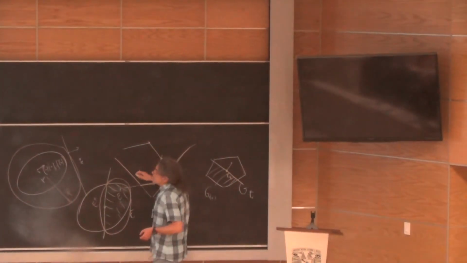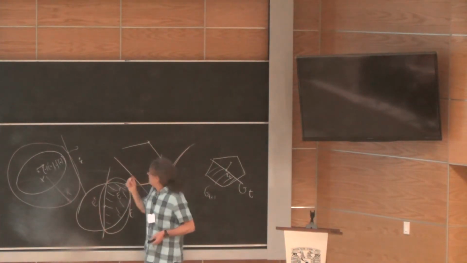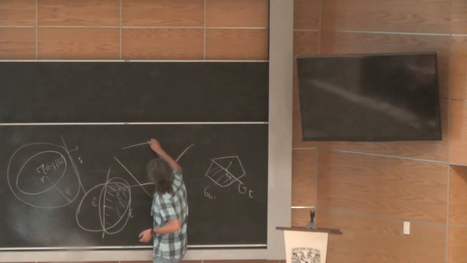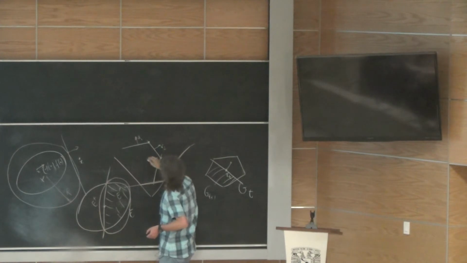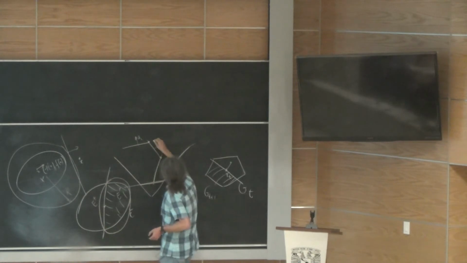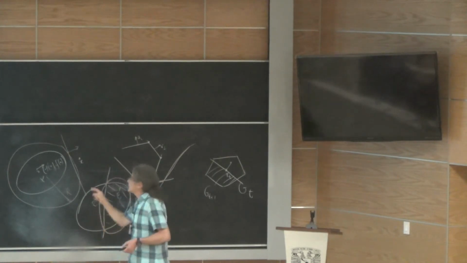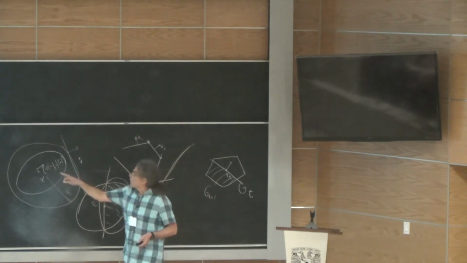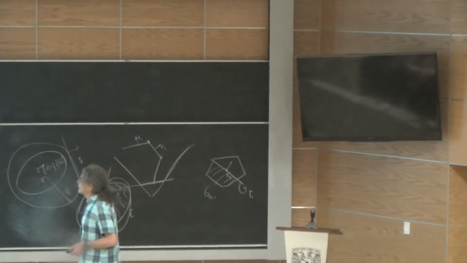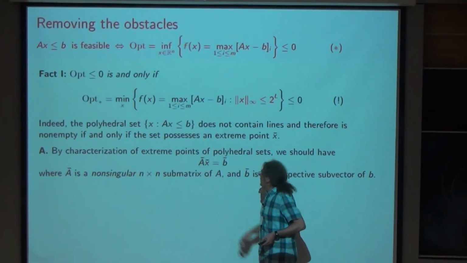The characterization of extreme points of a polyhedral set is that, say we have linear inequalities defined by vectors a1, a2, and so on, exactly n linear inequalities, in dimension n, are equalities at these points. This is the characterization of extreme points of the polyhedral set. So we have a submatrix of size n times n, A bar of A.